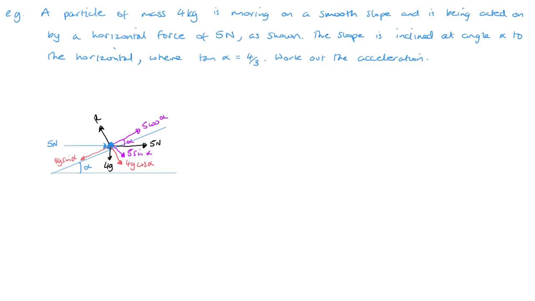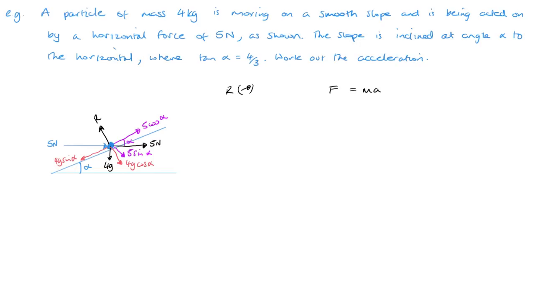Now I don't need to work out the normal reaction in this case, I just need to work out the acceleration. So for this I'm going to resolve up the plane. So I'm going to assume it's going up. So that's going to be F equals MA.